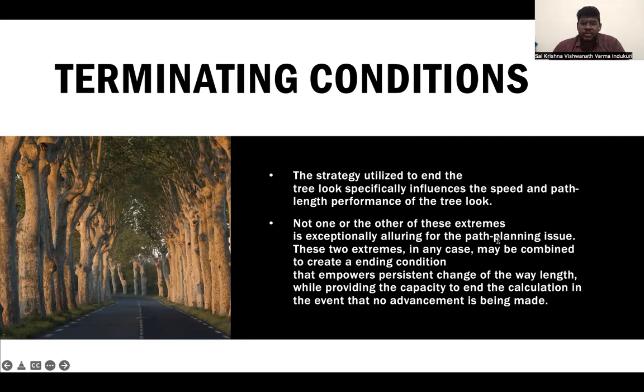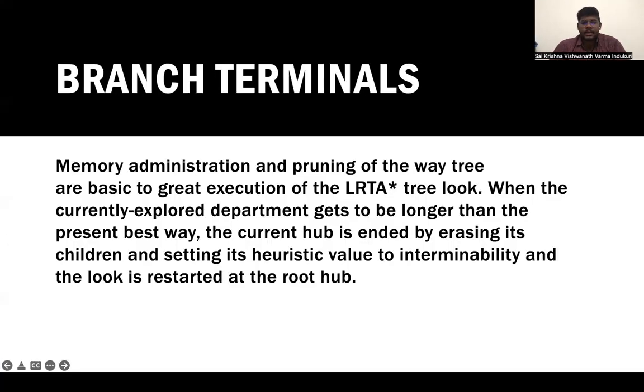On the other extreme, the search runs until a maximum running time is reached, thus ensuring an answer by a certain time, but with the resulting path potentially being far from optimal. So neither of these extremes is very desirable for the path planning problem.